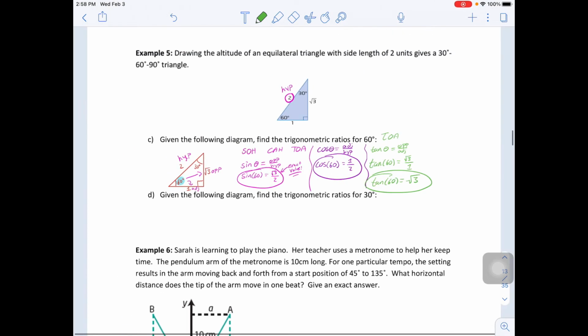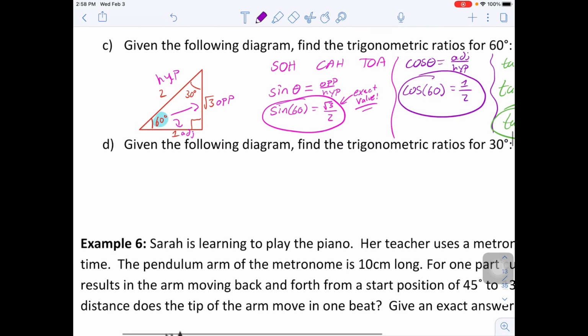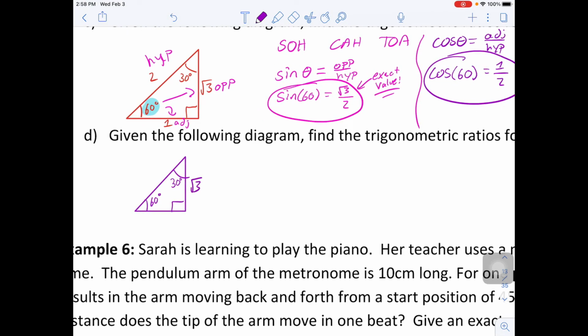Okay, so let's quickly do D. I won't mull it into the ground as much as I did here, but quickly draw out our triangle. And I would suggest maybe pausing the video at this point and trying to do D on your own. See how it goes. Remember, this has to be your hypotenuse, but now we're focusing from the perspective of 30.